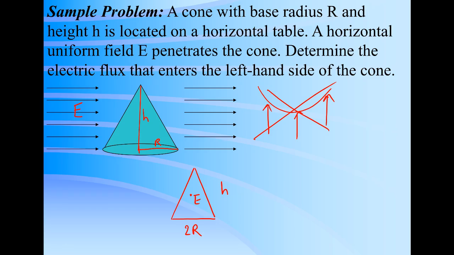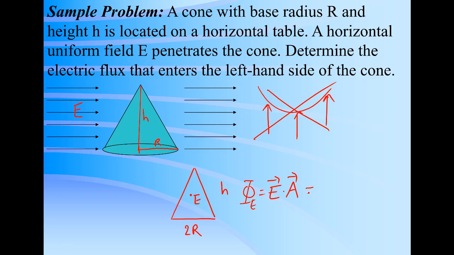So therefore the electric flux is just going to be the field times the area. That's our definition of flux. And if we did a dot product, it would be very complicated, but it turns out we don't have to because we can just sum over the entire surface here.